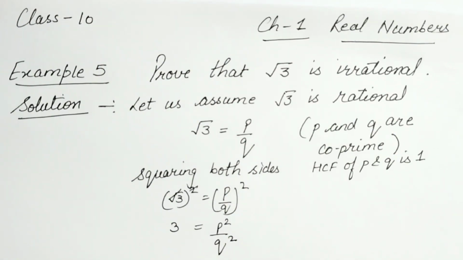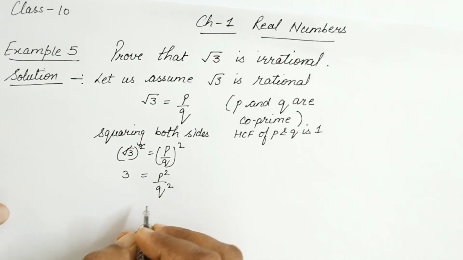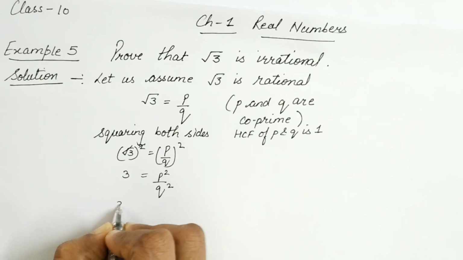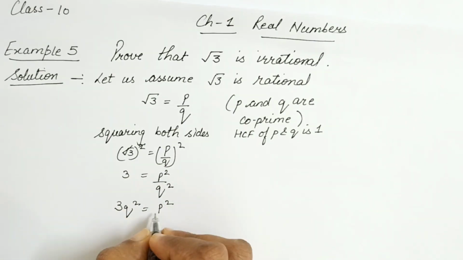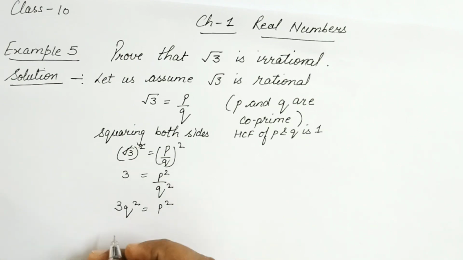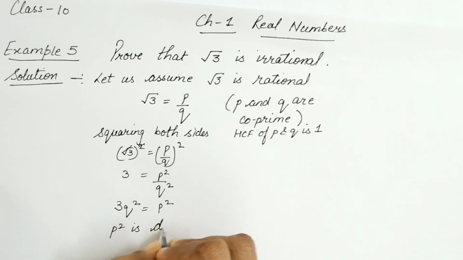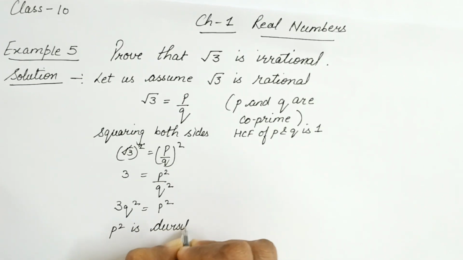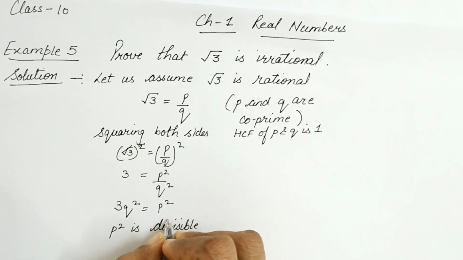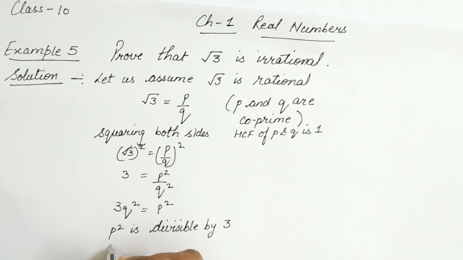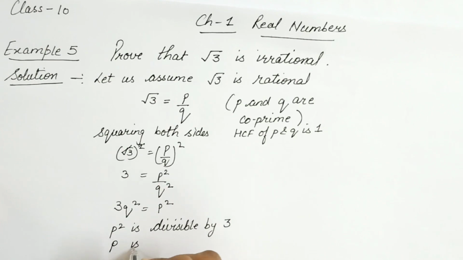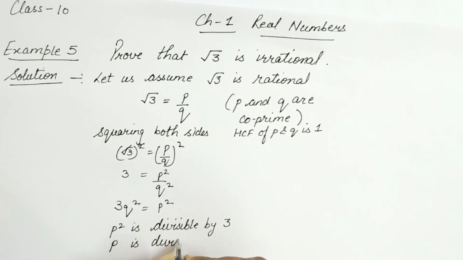After that, you are going to write down, taking this Q square above. So it will become 3Q square, P square. Since P square is equal to 3 into Q square, means P square is divisible by 3. So by theorem, P is also divisible by 3.